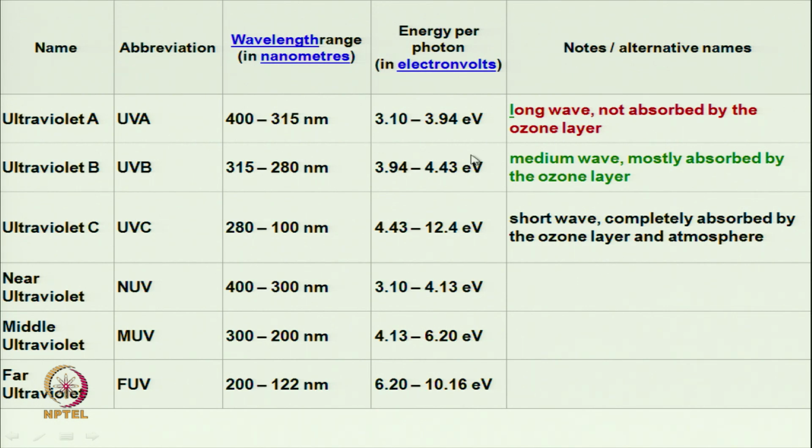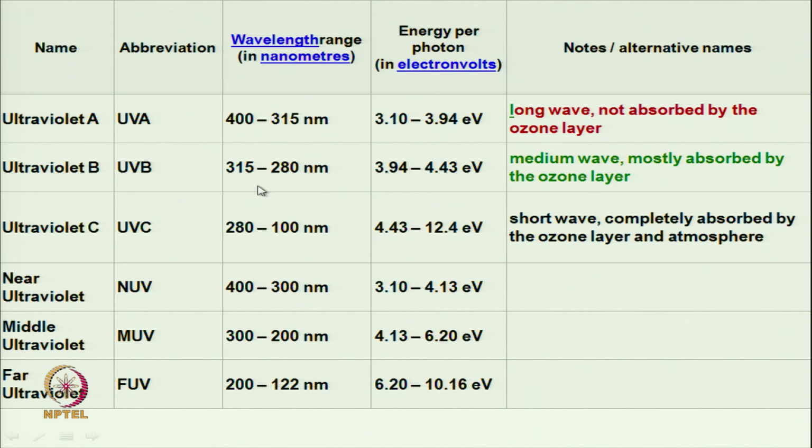So, here the energy is lowest, but the wavelength is high. As the wavelength reduces, the energy increases. So, it is a long wavelength, it is not absorbed by the ozone layer. So, majority, around 90%, 95% penetrates through the ozone layer, but here the energy is least.